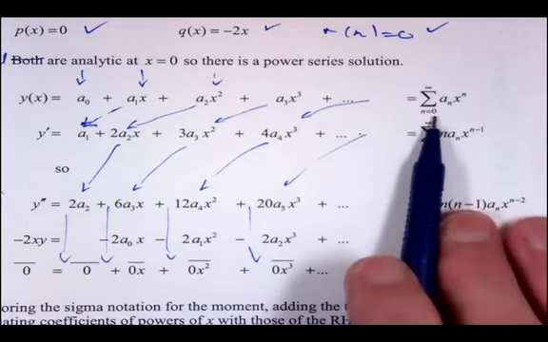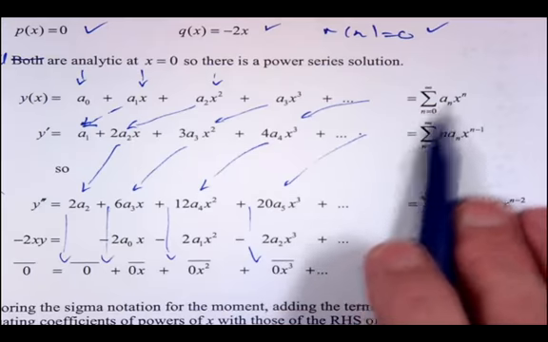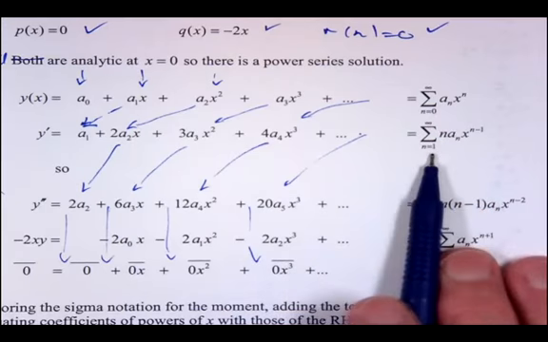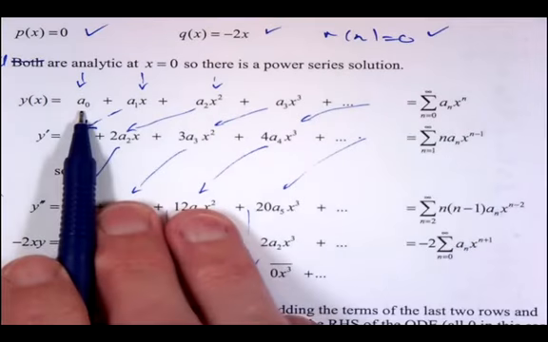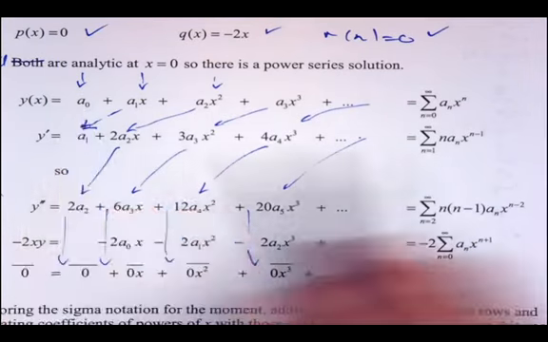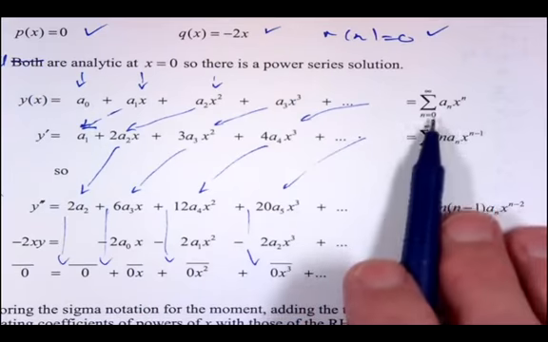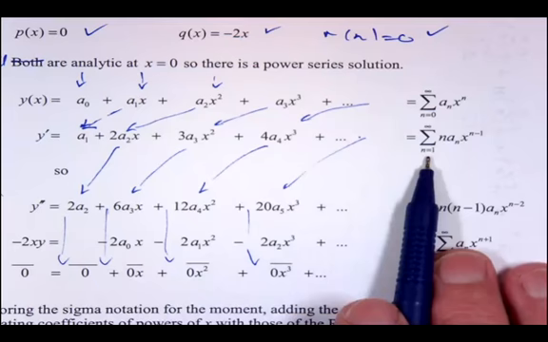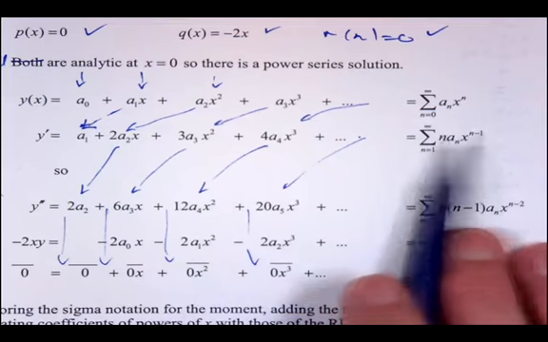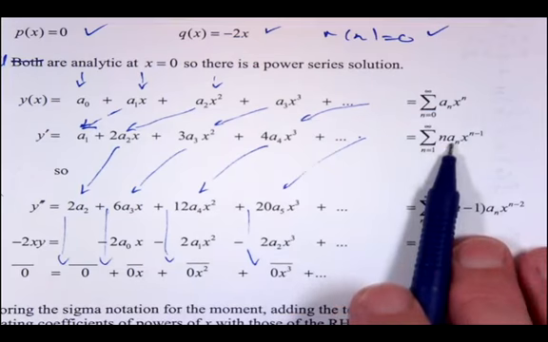The constant term was with n equals 0. And you see now that this starts with n as 1 because the constant term differentiated away to be 0. So that's the one complication. When you do the derivative, you've got to have a think about what happens to the constant term here. And that means that this sigma sign starts at n equals 1. If it started at n equals 0, you'd have a term that wasn't useful in there.